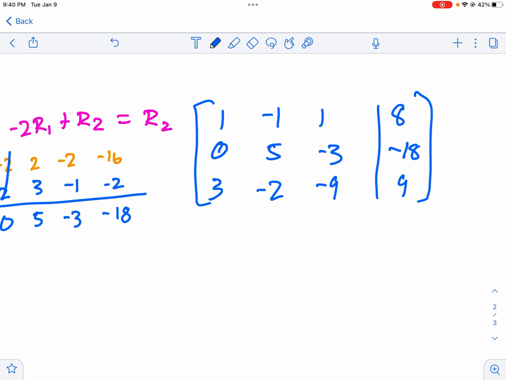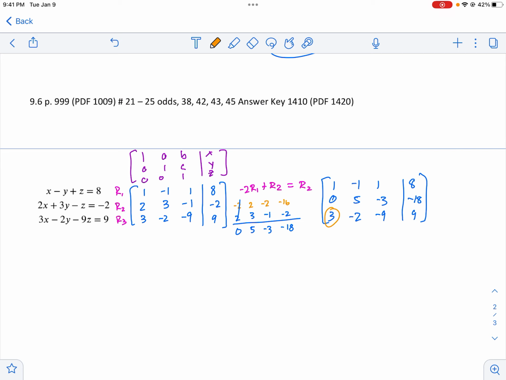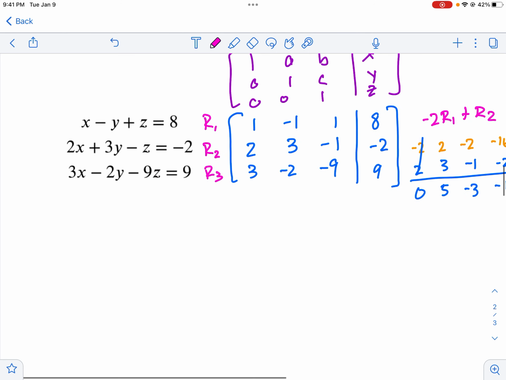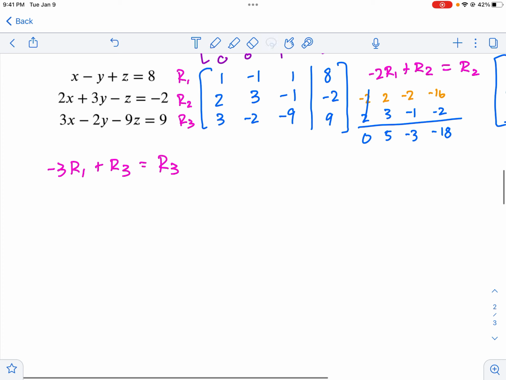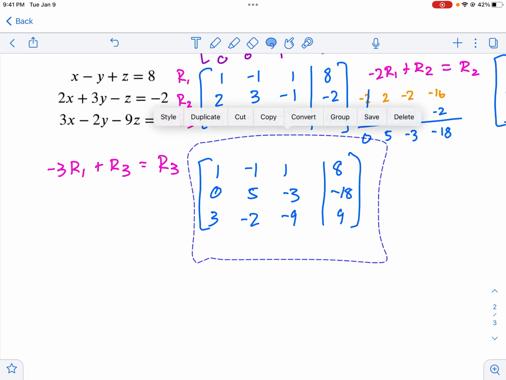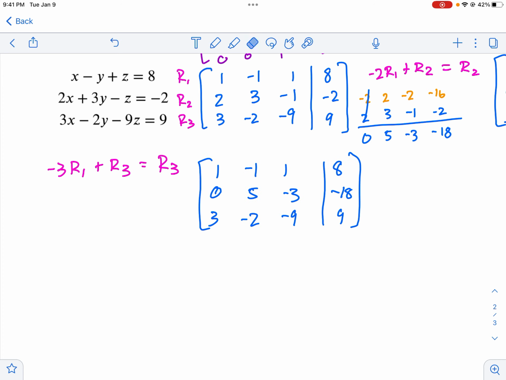I'm now gonna try to knock out this one. Same concept. I'm gonna say -3 times row 1 plus row 3, and I'm gonna leave it in row 3. So it looks like this. So row 1 and 2 are still gonna stay the same. Row 3 is gonna change.